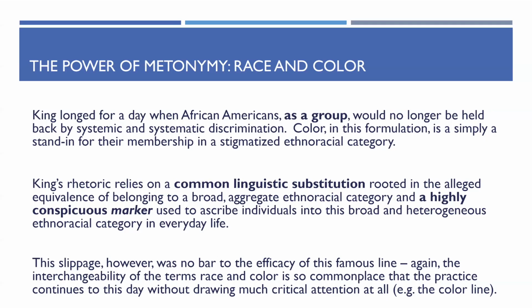What he's doing here is he's really doing something called metonymy. He's treating color, which is this characteristic that we use to refer to how people are ascribed to different racial categories, and he's linguistically substituting that for this broad membership in a racial category.